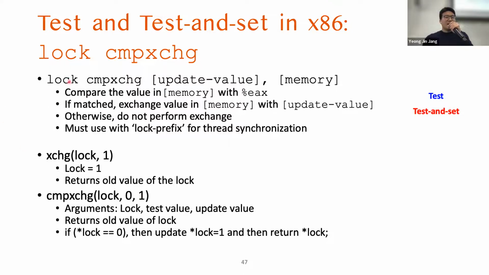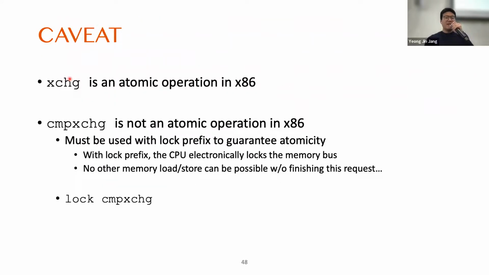But another caveat is that previously I just used exchange, while in this compare exchange, I attach a lock prefix. The reason is that when x86 CPUs designed the exchange instruction, they made it always an atomic operation that locks the memory bus. But there can be cases where you don't need that kind of global lock.